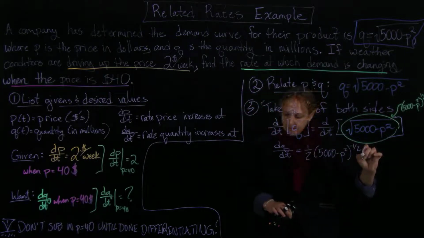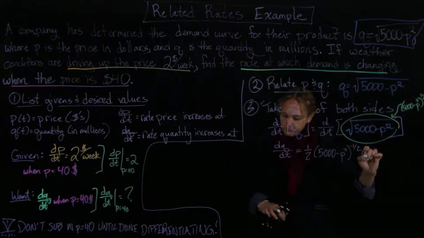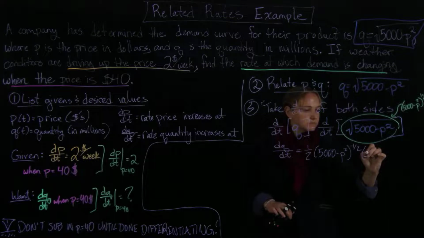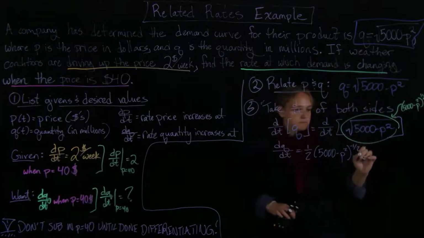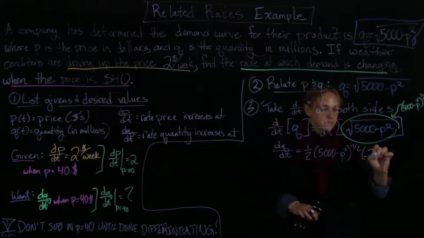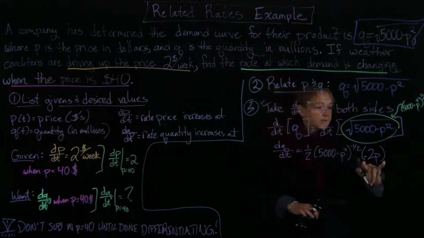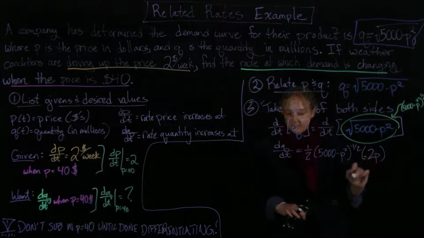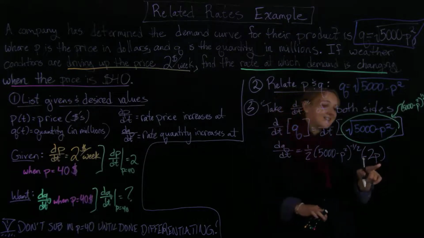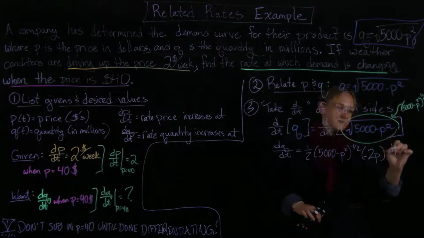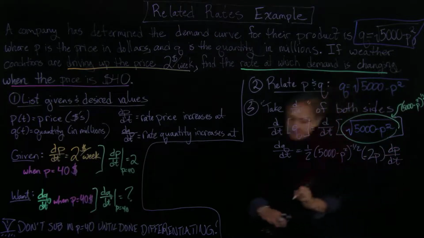So now we get minus 2p. I just took the derivative with respect to t of this, so I get minus 2p, but now I still need to take the derivative with respect to t of p, so I get dp dt. Okay?